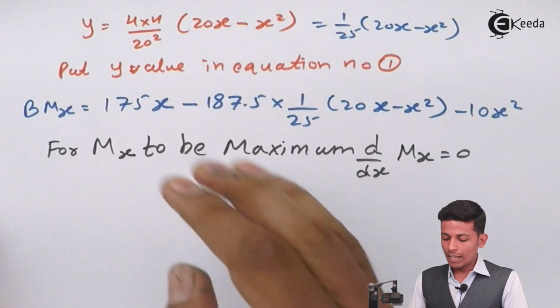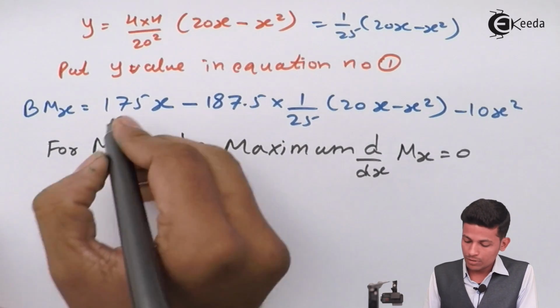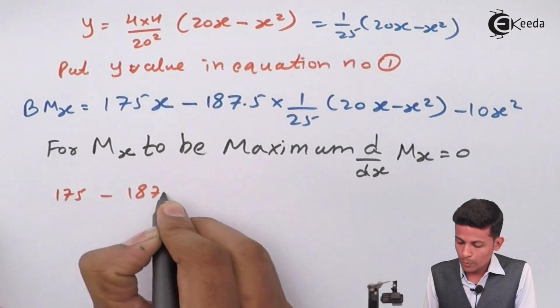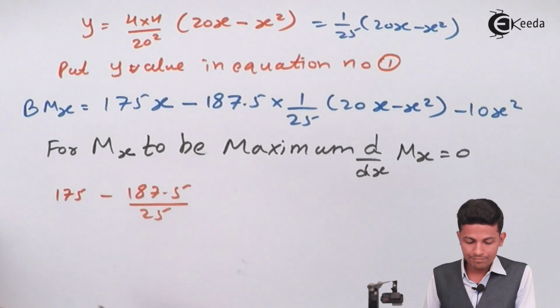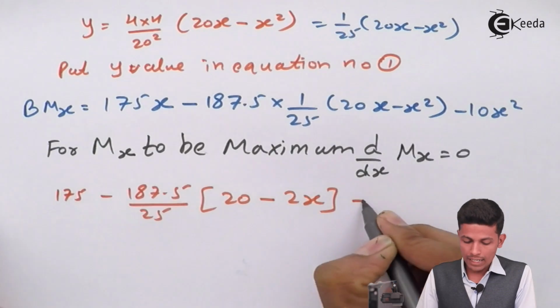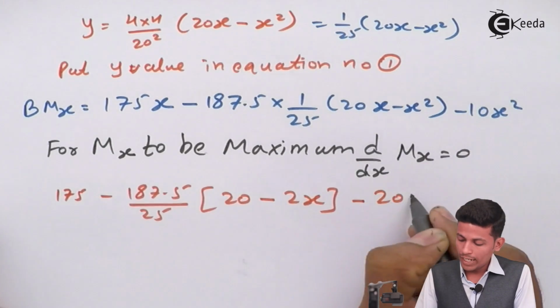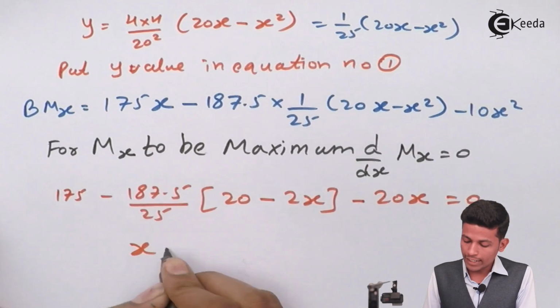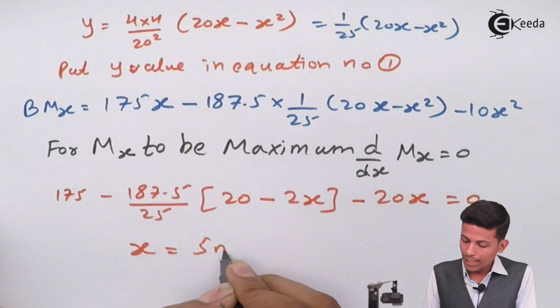Derivative once: 175 minus 187.5 upon 25, into (20 minus 2x), is equal to 0. While solving this you get the value of x as 5 meter.